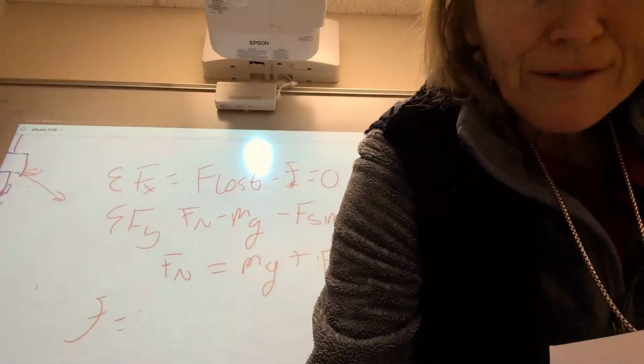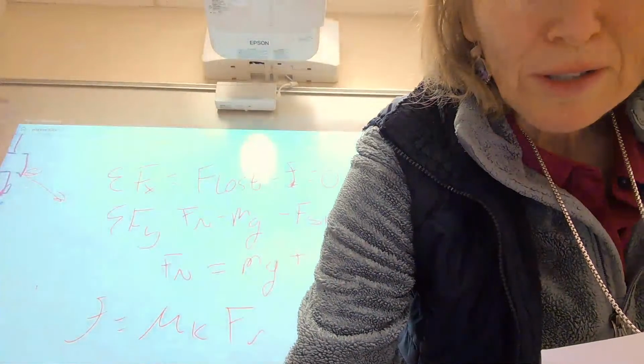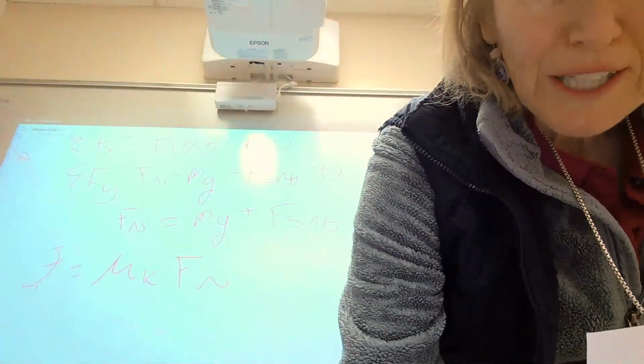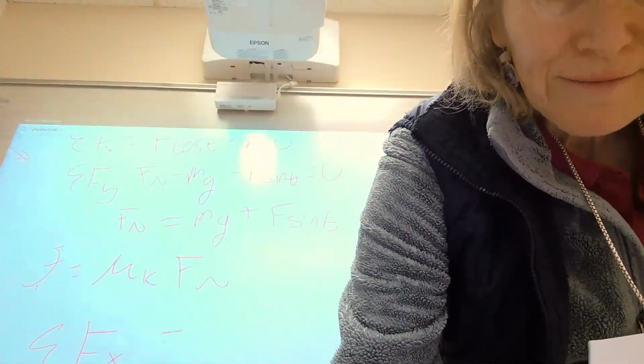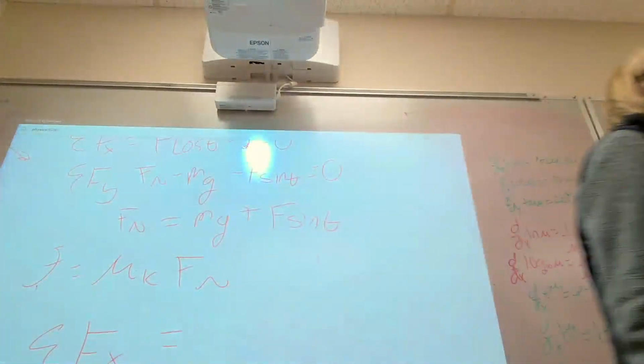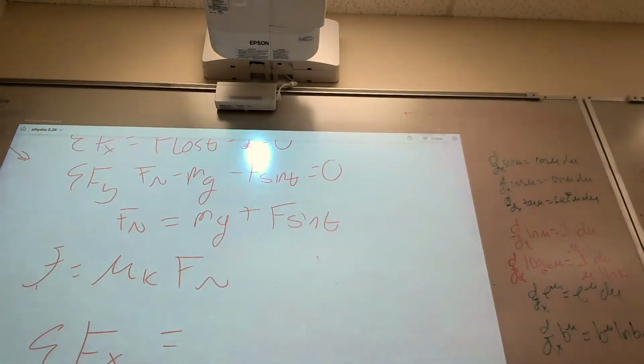So we know Fk is mu k times the normal. So you're taking your normal and plugging it into your sigma Fx. That gives you a long equation for your sigma Fx, right? And then you have to isolate your F in that equation. You have two F's in it, so you want to get the F on one side of the equation and everything else on the other side, pull out that F.